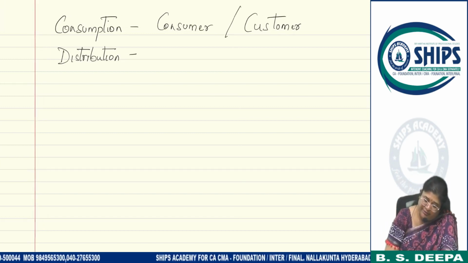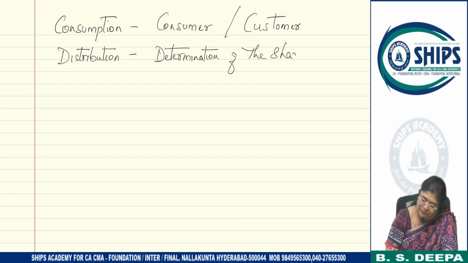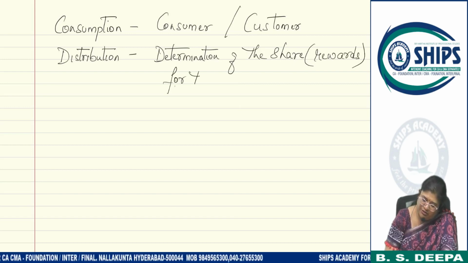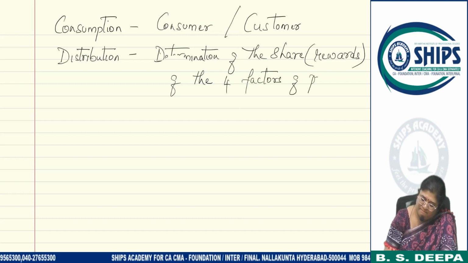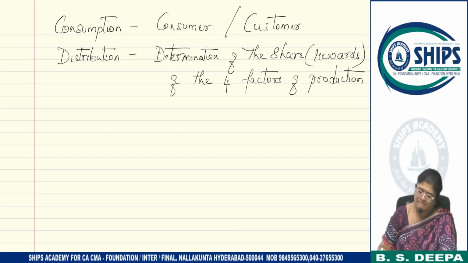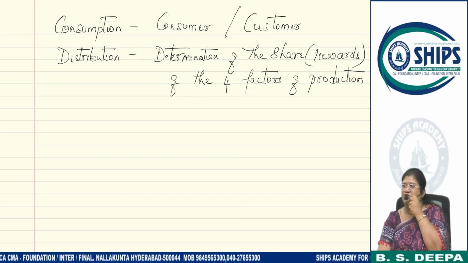So determination of the share, in other words rewards, for the 4 factors of production is what is called distribution.